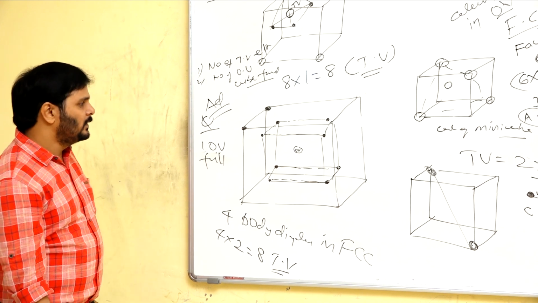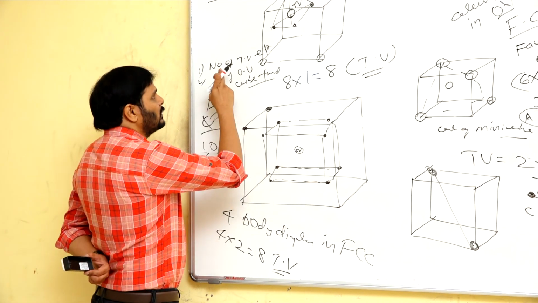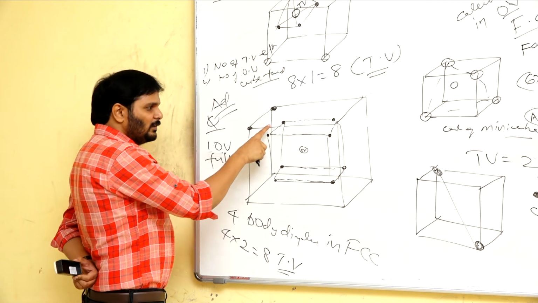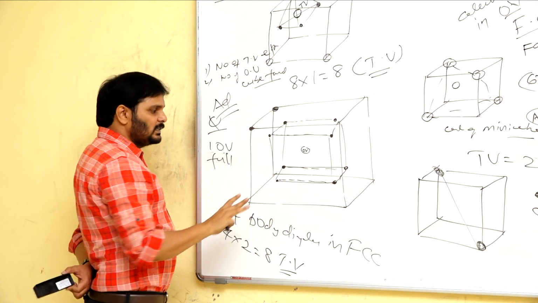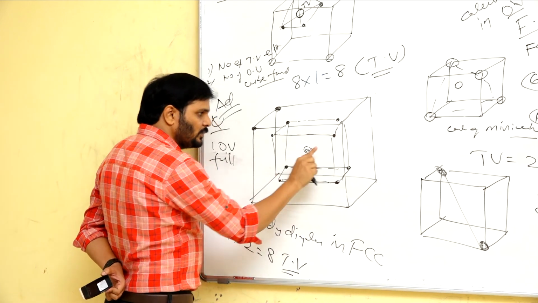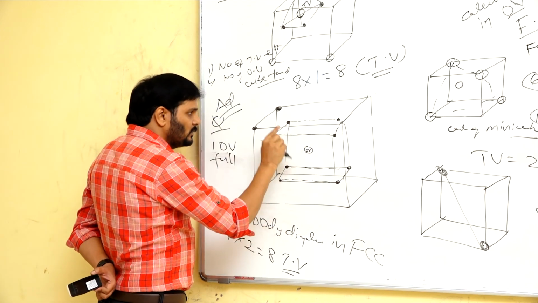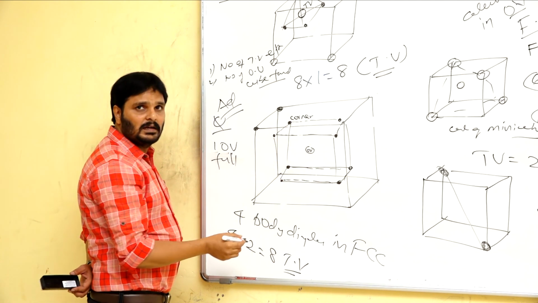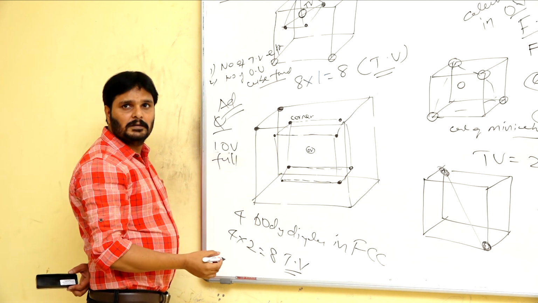Similarly, now the number of tetrahedral voids. To check the number of tetrahedral voids, just consider this as a cube. In the cube, the tetrahedral void is formed at the corner.